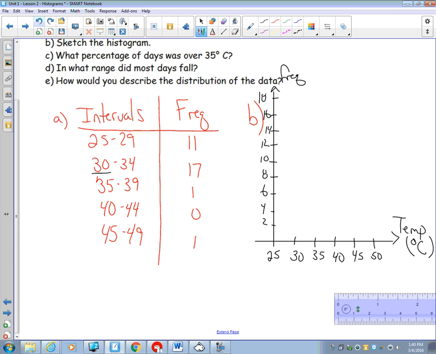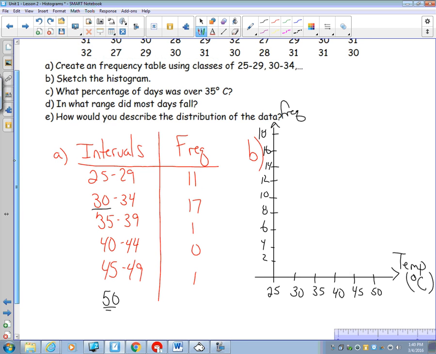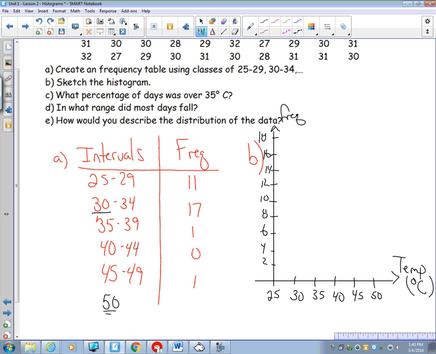Even though 50 is not part of my table, it would be the next number, which means that I can include 49.99999. My bar would end at 50. So we use the endpoints of our intervals because these bars touch each other. They're histograms, so we label our intervals across the bottom.